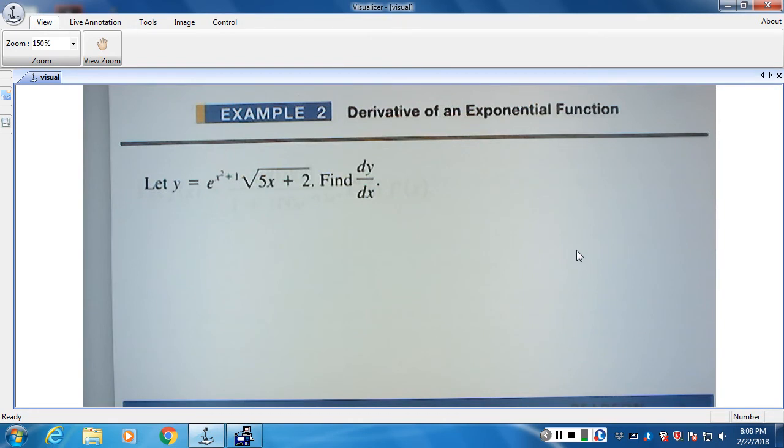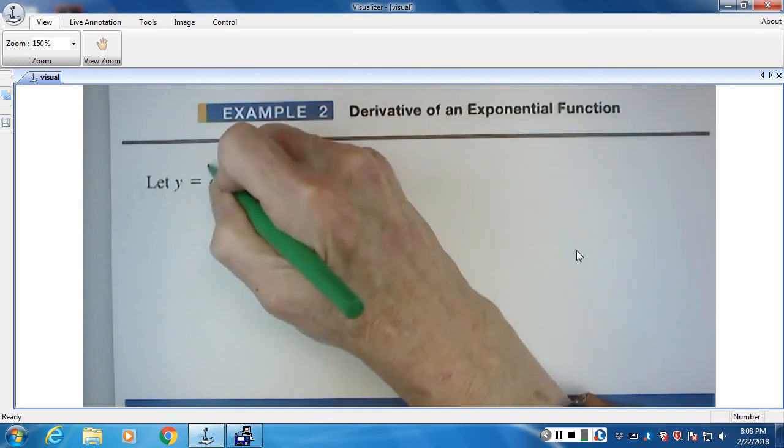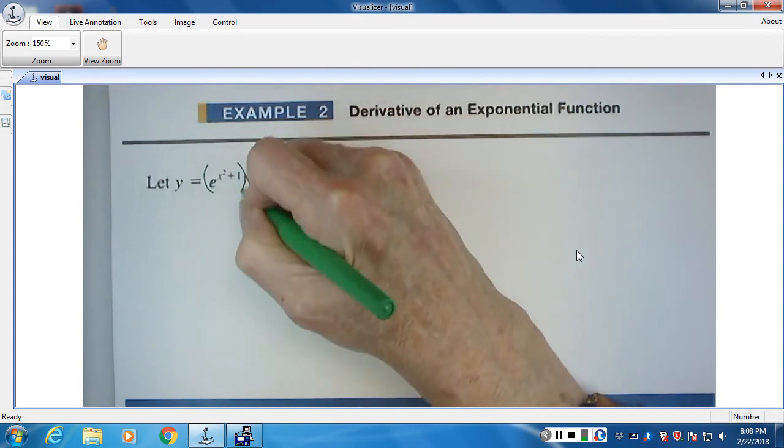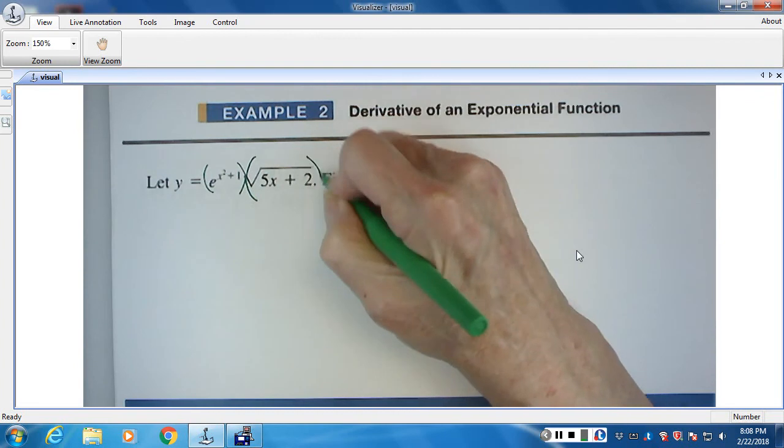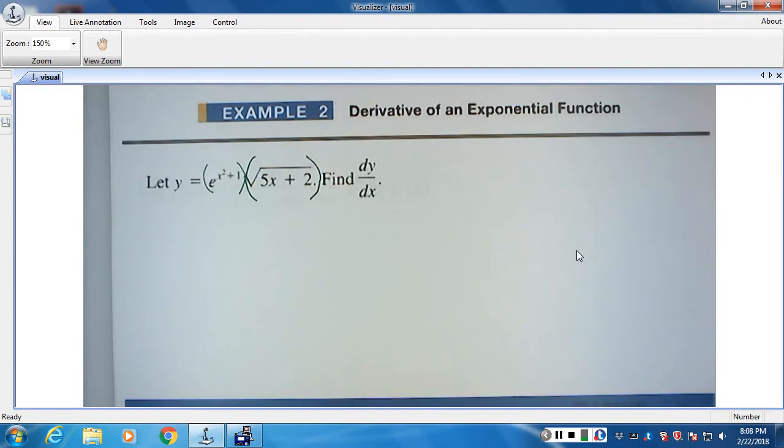Does anybody see a product here? There is. This time we actually do have a product because it is e raised to the x squared plus 1 power times the square root of the quantity 5x plus 2. So there's two factors.